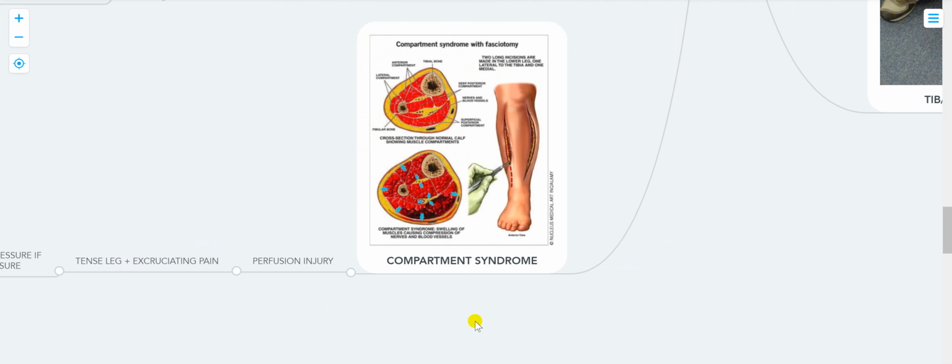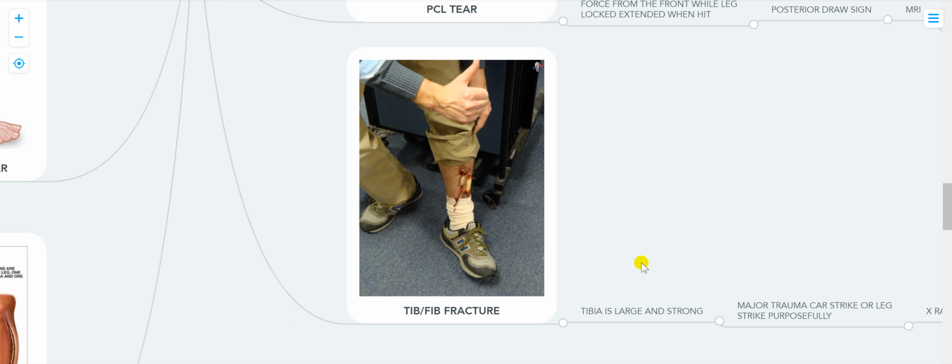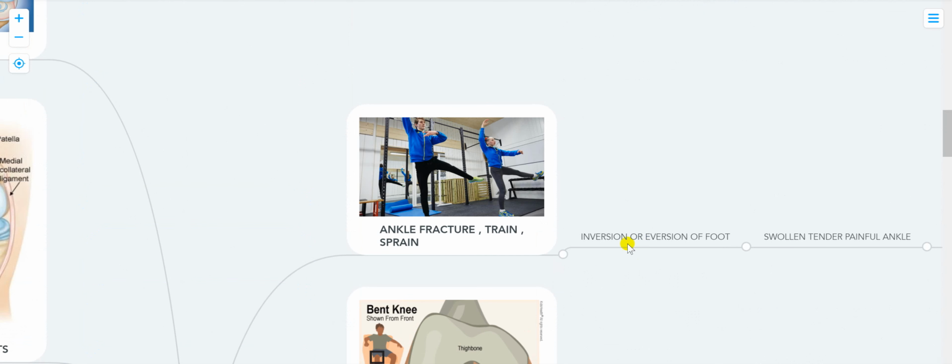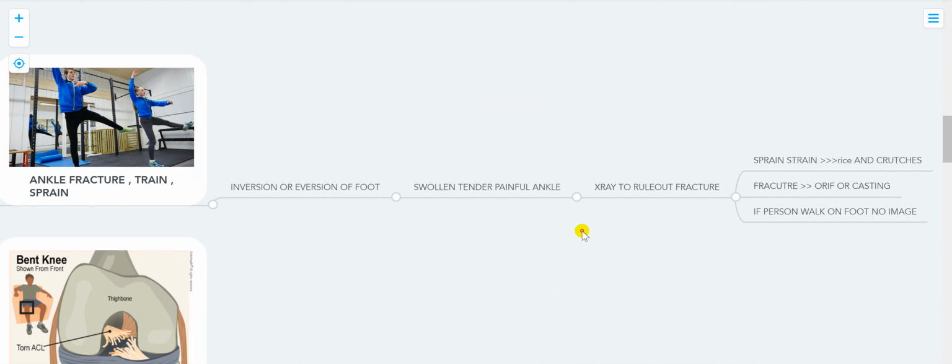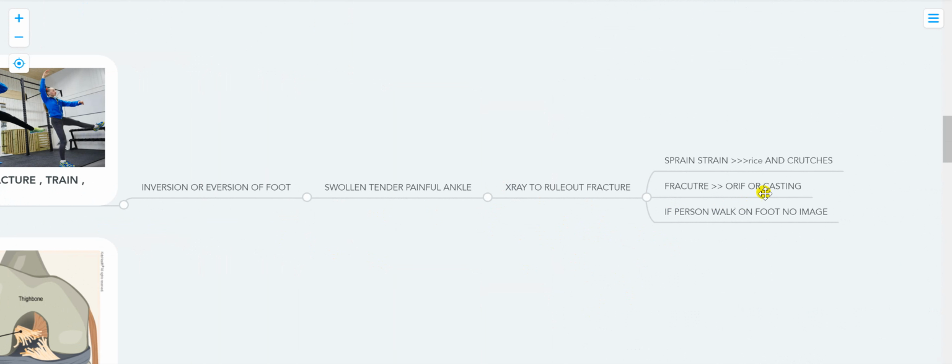Now let's do a quick recap of what we talked about. Ankle injury due to inversion or eversion: swollen, tender, painful, and you do an x-ray. If it's a sprain, you do RICE.